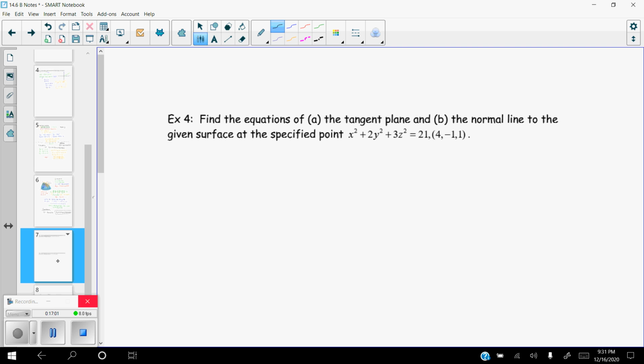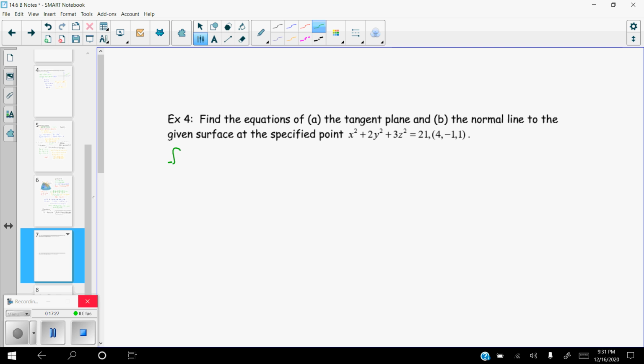Let's go ahead and use that fact. So we want to find the equations of the tangent plane and the normal line to the given surface at the specified point. So we're given our surface, we're given the point 4, -1, 1. In order to find the tangent plane, this is now really simple. First of all, it's in the correct form. All the variables are on the left, the constant is on the right.